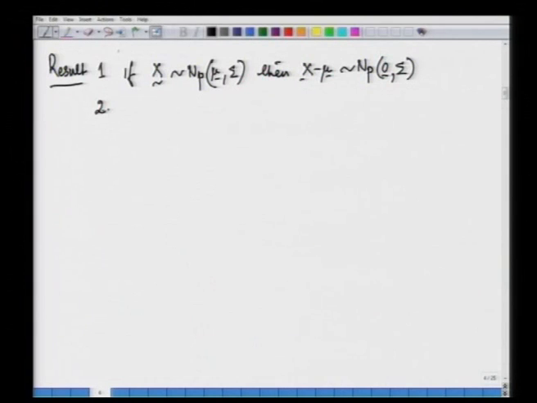So, this we have, and the next result that we are going to state is that each component of x, this vector, is in fact univariate normal.